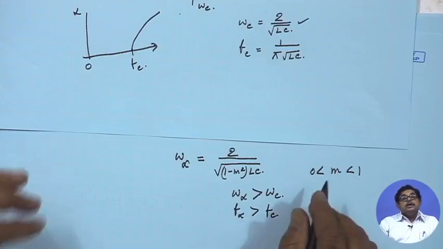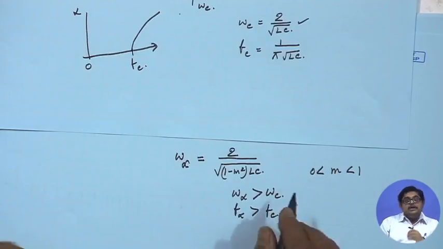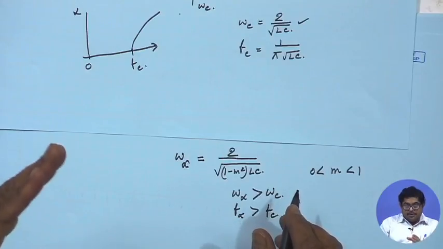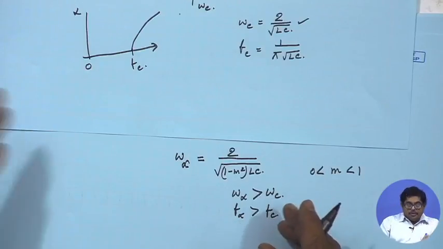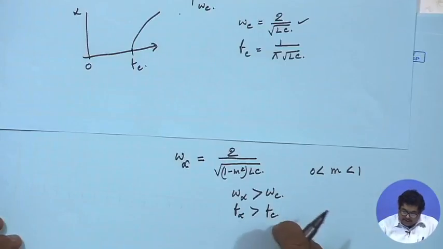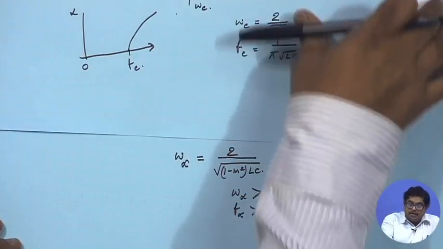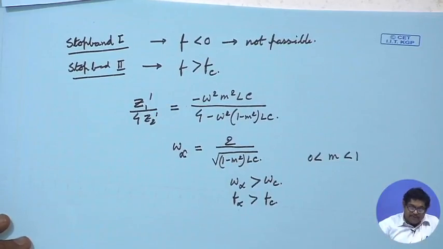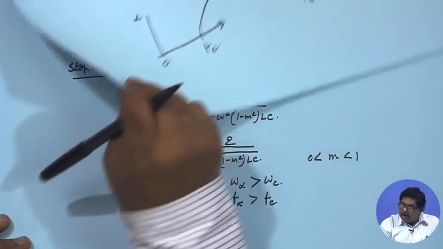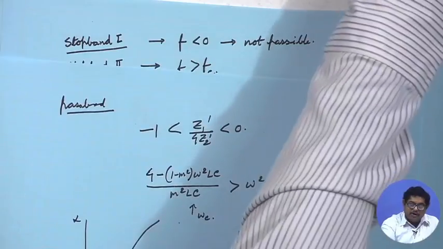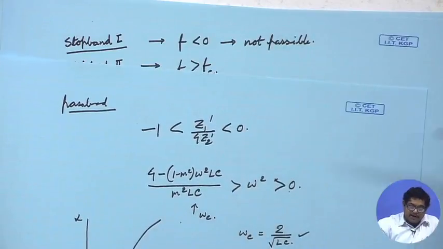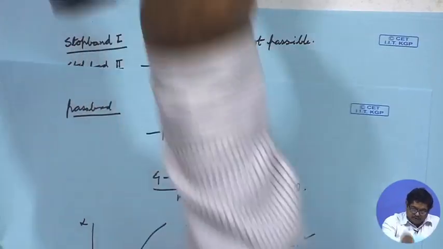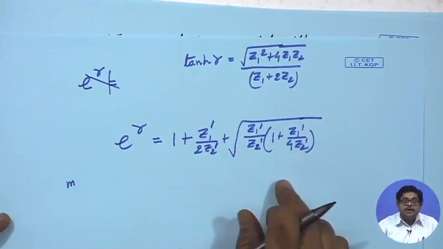That means f infinity is in the stop band 2. So, in this band there is a pole, but what happens to the alpha there? Let us see the e to the power gamma expression, that will indicate what happens there. So, you see that e to the power gamma expression is this.